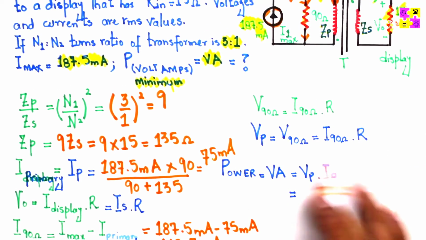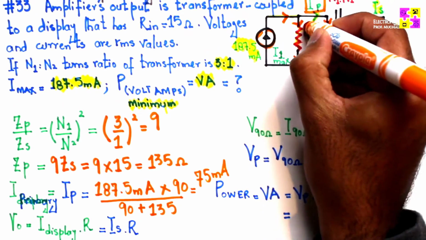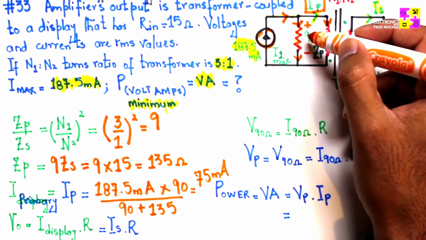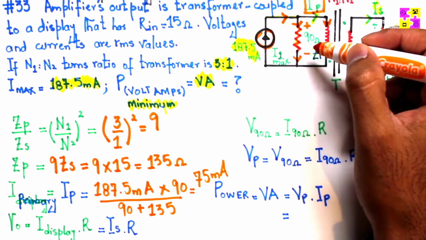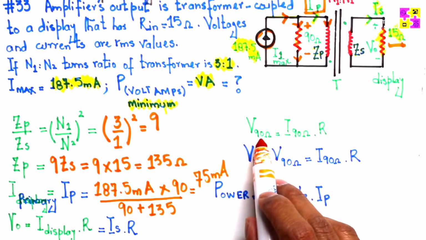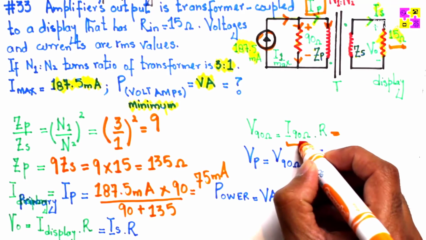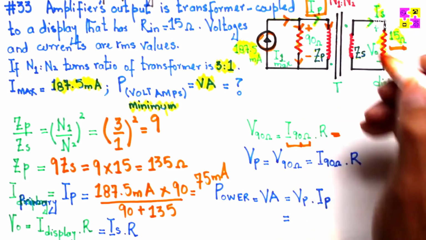We need to find out the primary voltage now, correct? The primary voltage is basically the voltage across this 90 ohm, correct? Now that we know the current, we can simply apply Ohm's law to find the voltage across 90 ohm. This current we just calculated, and the resistance is known, 90.